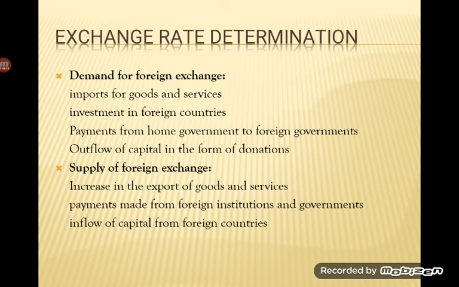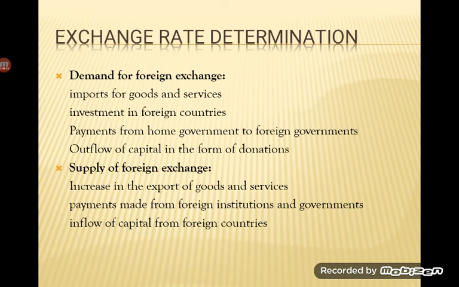Then supply of foreign exchange. First reason, increase in exports. Suppose we export more goods and services, we are going to earn more foreign currency. Then second one, payments made by foreign institutions and governments. Suppose they have taken any loan from the Indian government or RBI and they are repaying the loan amount to our government, that is where we receive foreign exchange.